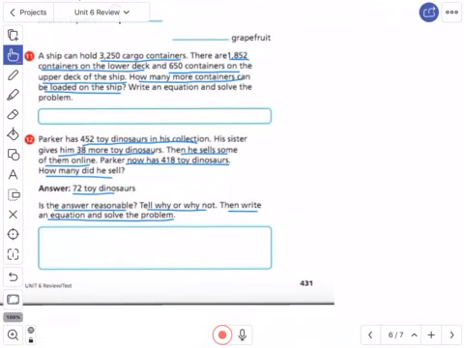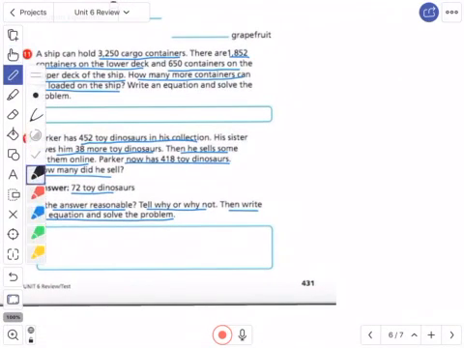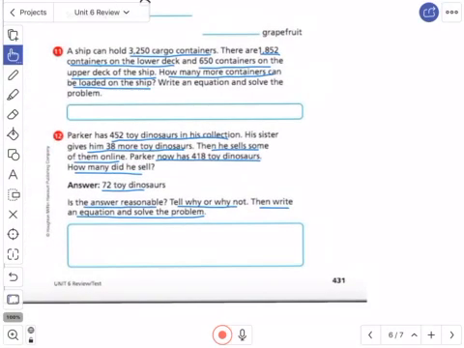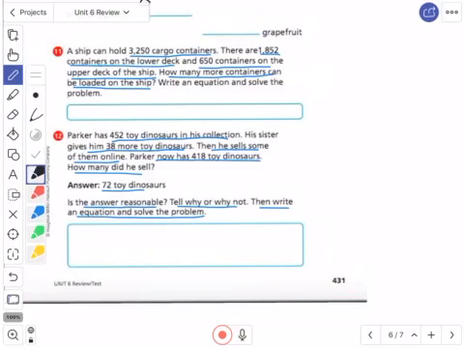So for this one, you are going to be doing rounding along with your real answer. So Parker has 452 toys. You're going to have to round the number 452 to the nearest 10. You're going to need to round the number 38 to the nearest 10.